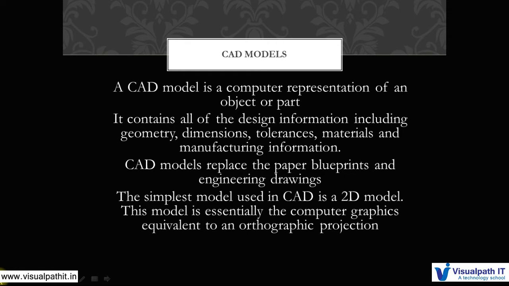The simplest model used in CAD is a 2D model. 2D is just a 2D representation. A 3D model has all three dimensions, height, width, and depth. Basically, a CAD model is, whatever real part you have, you create a virtual part of that, to check everything before going for the actual production, so that you are happy with the final product while doing the manufacturing.